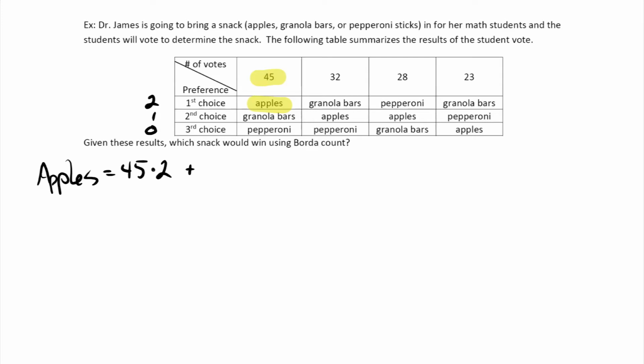Now we move along. And we see there are apples here now. They're in the second choice position, and there are 32 of those. So we've got 32, and they get multiplied by 1 because they've got a score of 1. Similarly, in the third column, where there are 28 votes, 28 people ranked apples as second place.